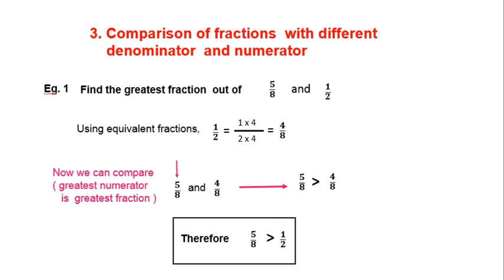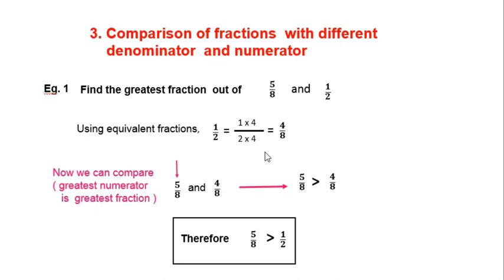The third one is comparison of fractions with different denominator and numerator. You can see the example 5/8 and 1/2. See, numerators and denominators are not the same, but when you see very carefully, you can understand there are relations between these 8 and 2, also 1 and 5.